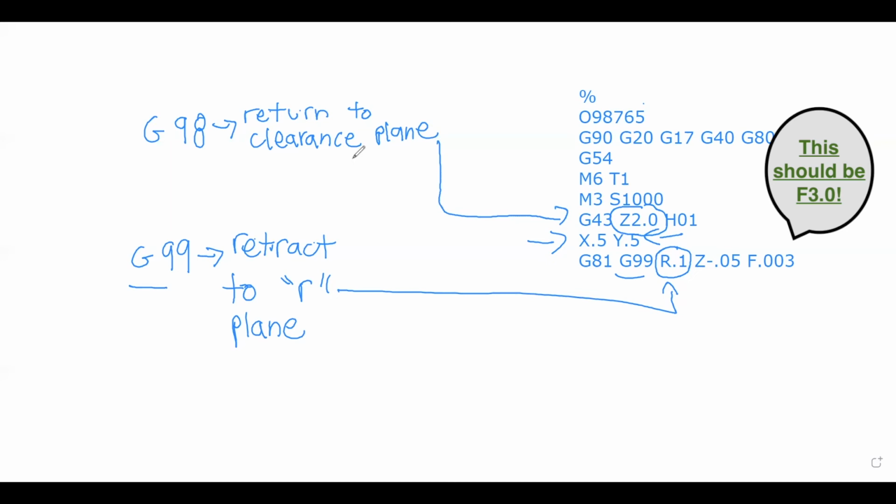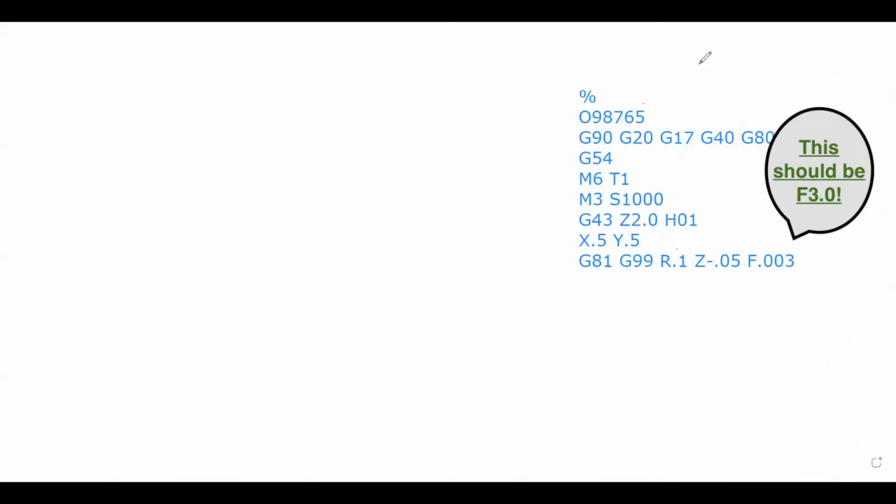G98 would return to a clearance plane previously set in the program. If we didn't have G99 R.1 and we had G98, we would go back to 2 inches above the workpiece. I have a very helpful handout that I will be posting on Blackboard, and we can go over it in lab the following week.